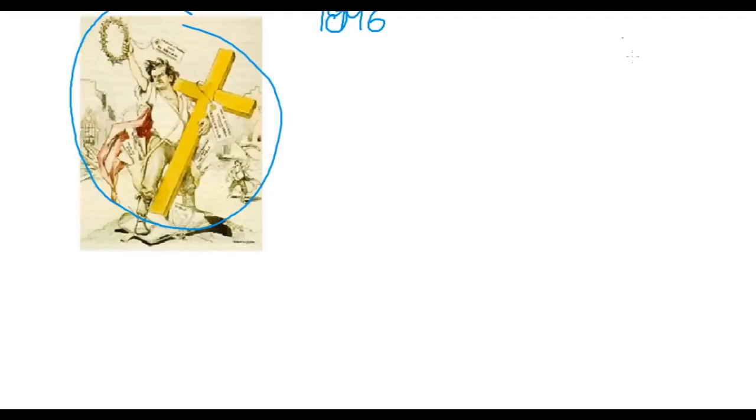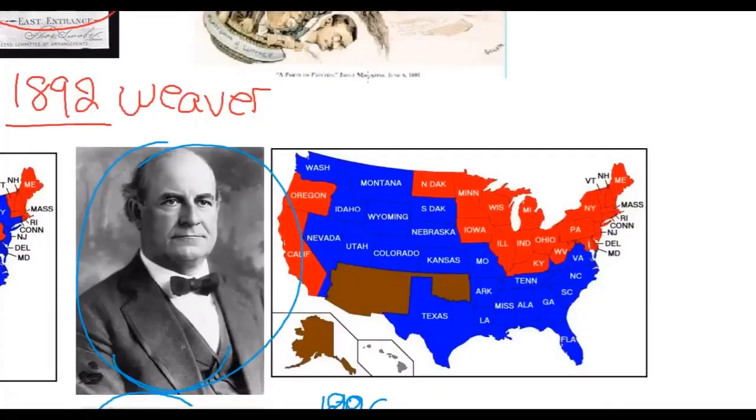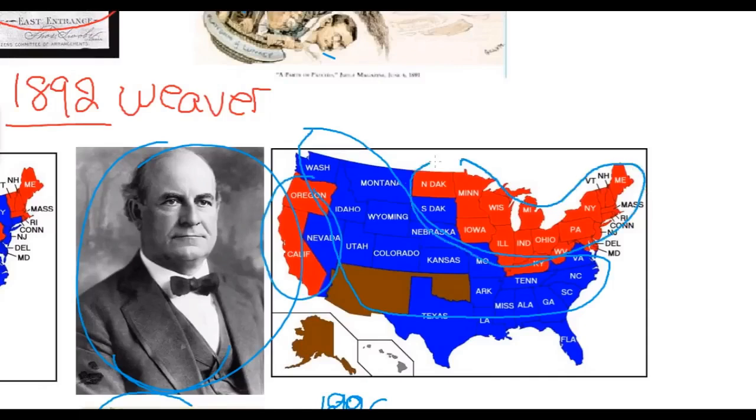Once again, the election is, in this case, much closer than the 1892 election, and we can see the map. Bryan is extremely successful, wins really the entire swath of the West, wins west of the South, but his opponent, William McKinley, is very successful on the West Coast, and he's very successful as a Republican. He's very successful in the industrial North.